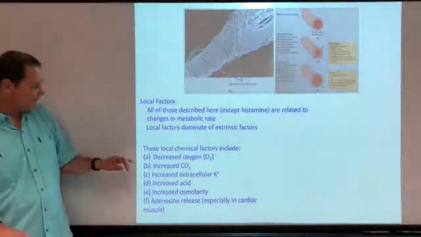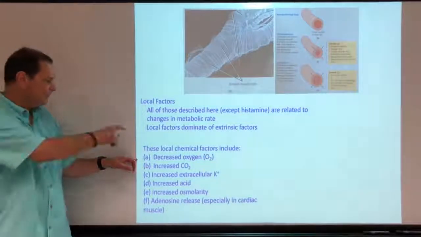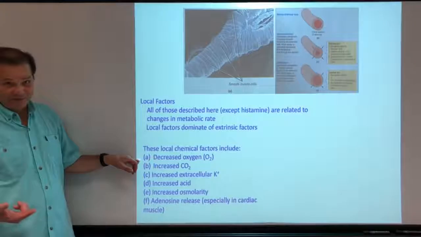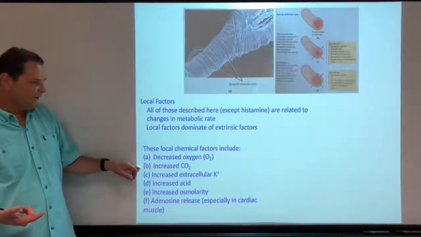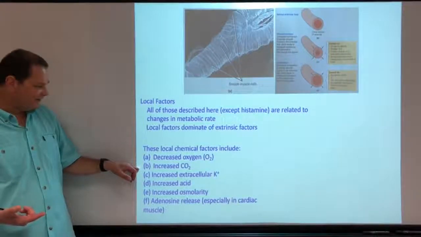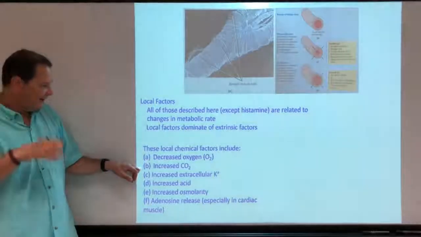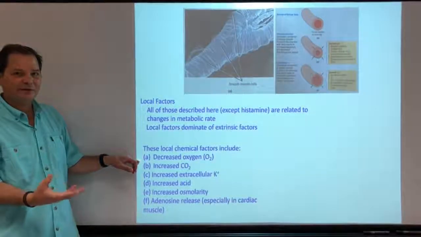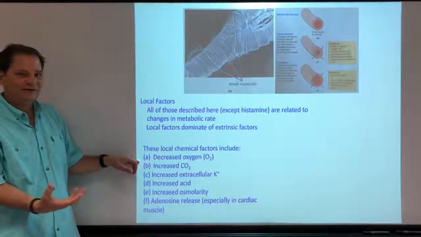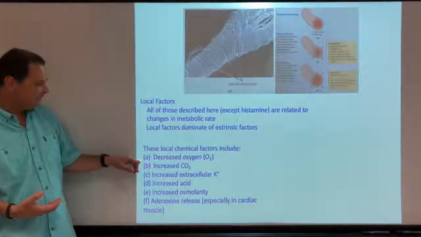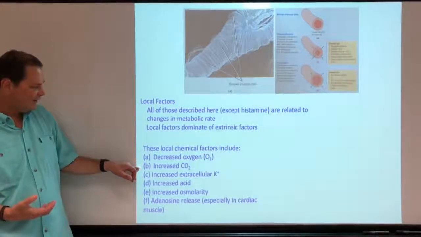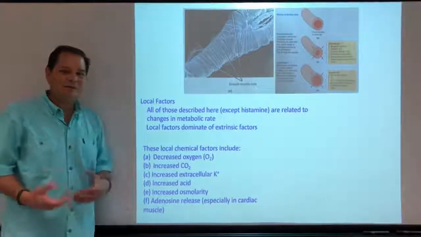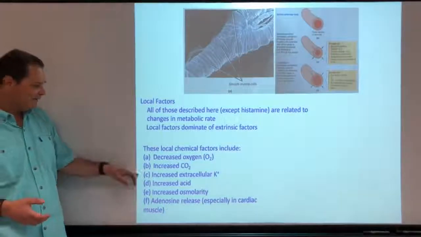These local factors include decreased oxygen: more metabolism, less oxygen in the tissue because the tissue is eating it up. More CO2 is generated. Each of these will cause an arteriolar dilation, a relaxation of the smooth muscle. Decreased oxygen, increased carbon dioxide, increased extracellular potassium, which you will frequently find in an active tissue.